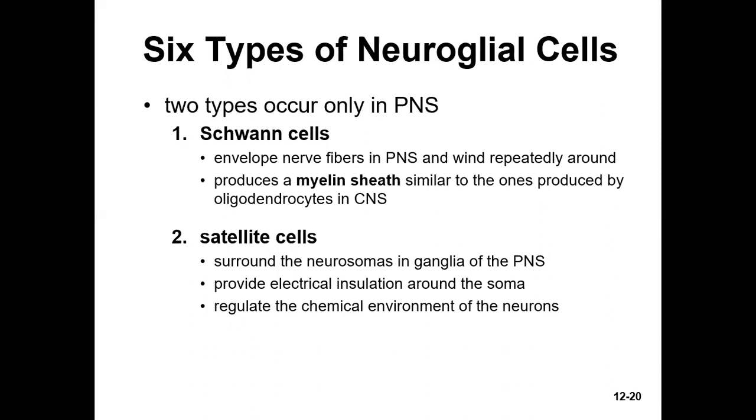These Schwann cells are responsible for the production of the myelin sheath, similar to the oligodendrocyte in the CNS. So then the satellite cells that we find in the PNS, these will surround the neurosomas in the ganglia. They provide insulation around the soma and help regulate the chemical environment of the neurons.